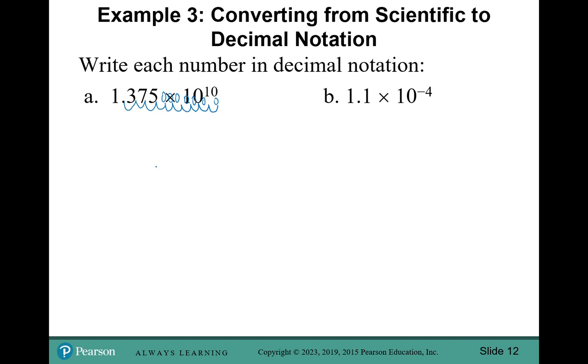Sometimes it helps to rewrite it and then move it if you've got some space issues like what I had. So we would go 1, 2, 3, 4, 5, 6, 7, 8, 9, 10, and we would put zeros in for each of these empty holes.